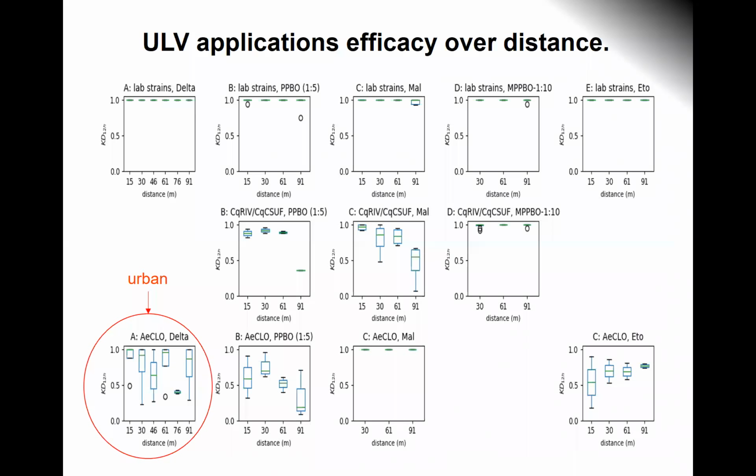Interestingly, the distance is not affecting efficacy in urban conditions, right? Yeah. So it's not changing too much between 15 meters and 91 meters. How do you explain that? Well, the few urban trials that I've done, the results between each of the trials have been quite different.